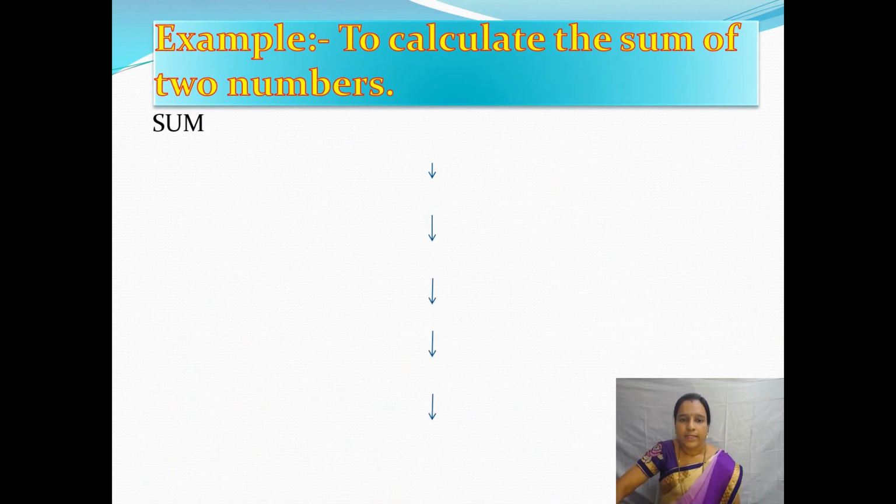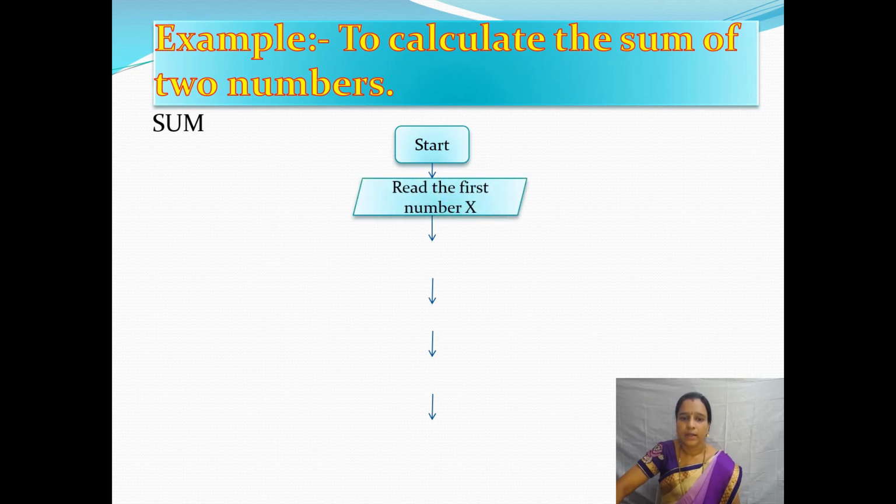Next, we'll see an example of a flowchart. First, we know the algorithm for the sum of two numbers, children. Now we are going to learn the flowchart for it. The first one is the start box. Then read the first number x. So first we wrote the algorithm, then again we are drawing the flowchart of it.